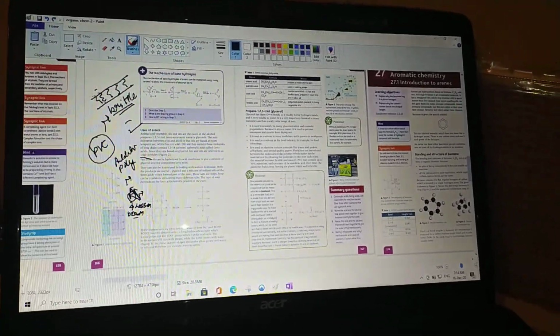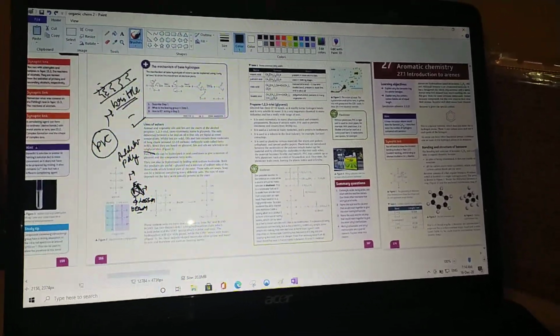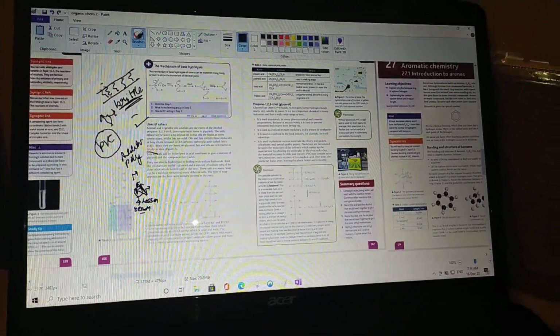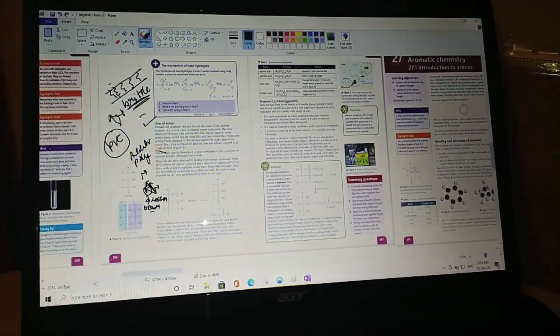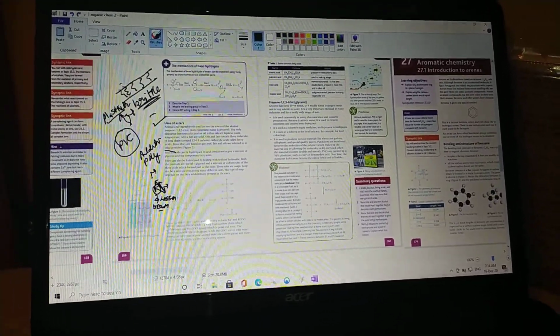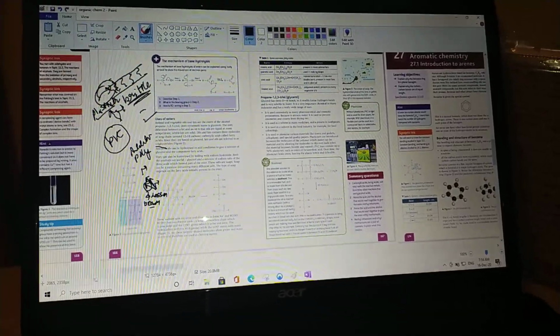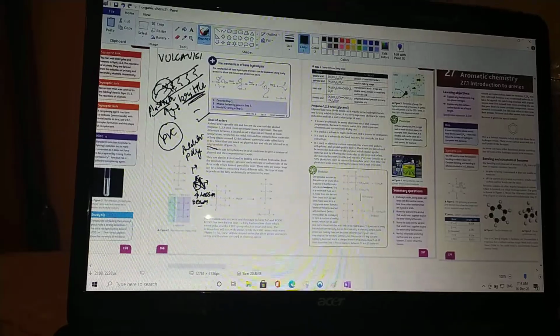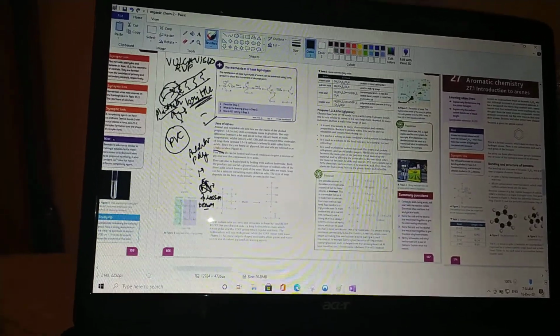To increase their long-lasting nature, to make them a little bit more flexible, a plasticizer is added to loosen these bonds. You would have studied vulcanized rubber as well. That's something similar.